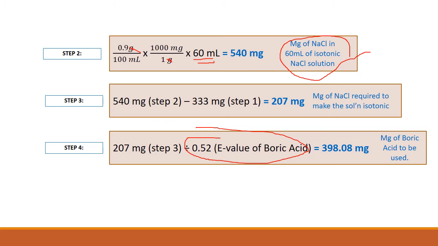So for step 2, you have here 0.9 grams over 100 mL times 1000 milligrams, because you have to convert grams to milligrams. Times 60 mL is equal to 540 milligrams. So this is the milligrams of sodium chloride in 60 mL of isotonic solution.